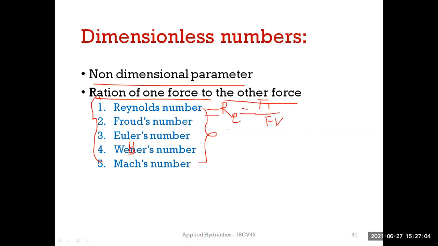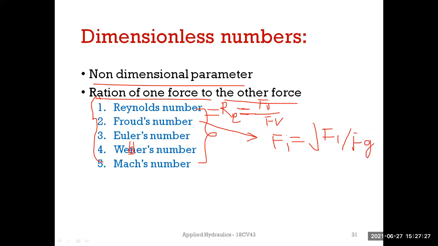Reynolds number is the ratio of inertia to the viscous force, whereas the Froude number, denoted as Fr, is the square root of the ratio of inertia to the gravity force.